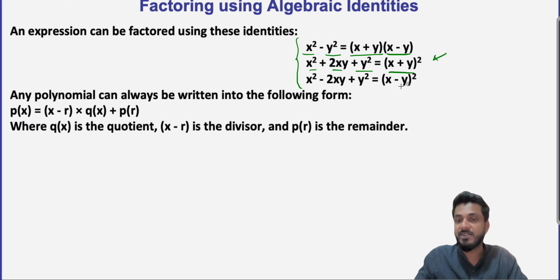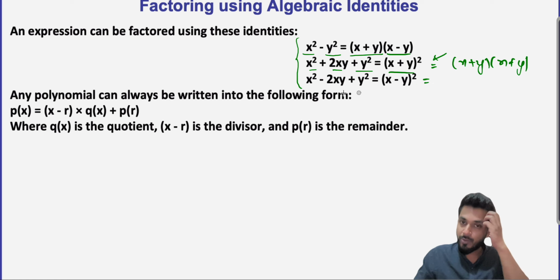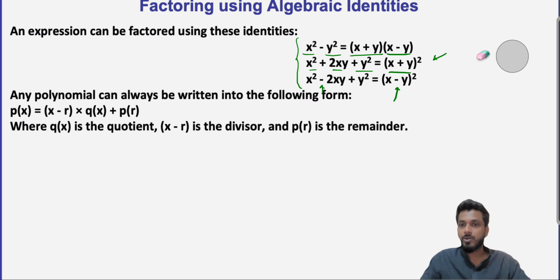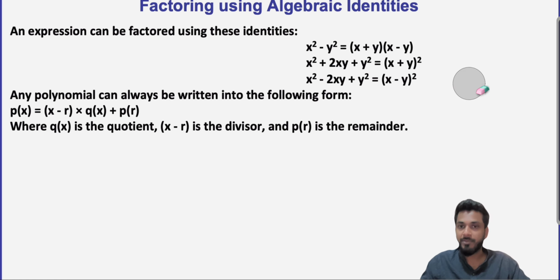Of course, this is the factorized version, because we can also write this as x plus y into x plus y. Similarly, because of this minus 2xy, there will be a minus sign in between x and y, and we can also write this as x minus y into x minus y. So these identities we can also use to factorize any polynomial.